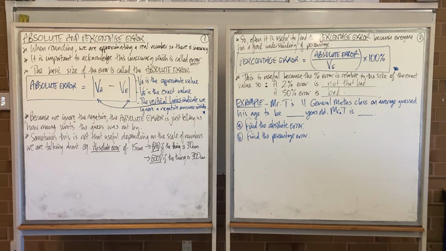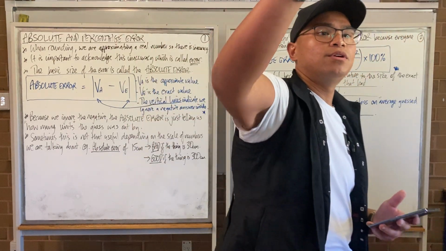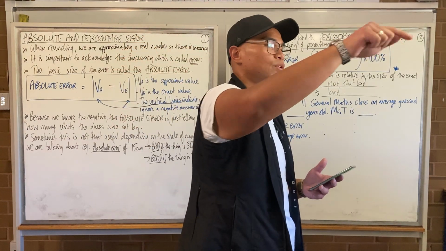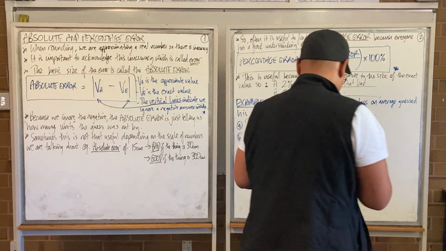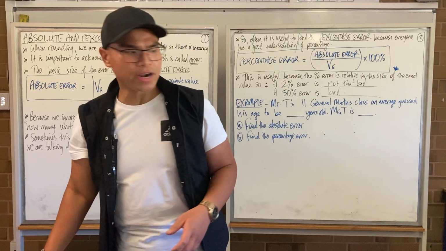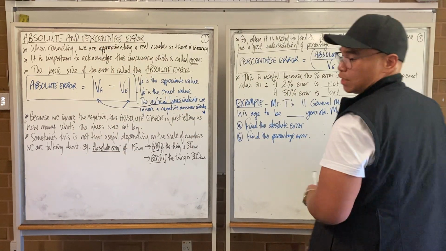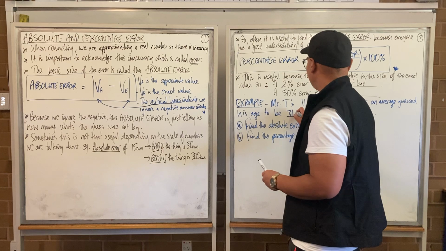How do I find the average of something? Add everything together and divide by the count. So there are 15 guesses. Divide by 15. So on average, this class thinks I'm 31.2 years old.